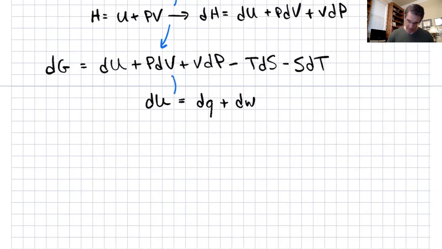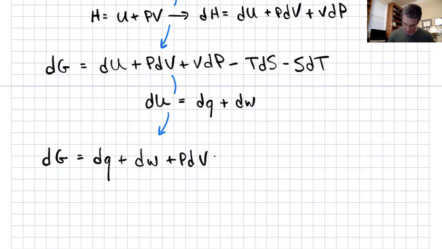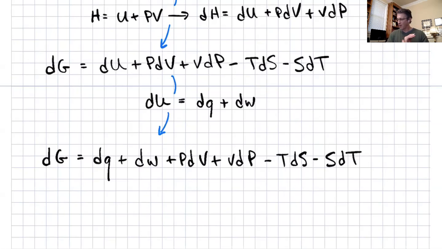Now we can do another substitution and rewrite our expression for the differential change in the Gibbs free energy as equal to the differential change in any heat gained or lost, plus the differential change in any work done on or by our system, plus the pressure times differential change in volume, plus the volume times differential change in pressure, minus T dS, minus S dT. That's great. But now we get this big, long, ugly, cascading expression of differentials. Is there anything else we can do?